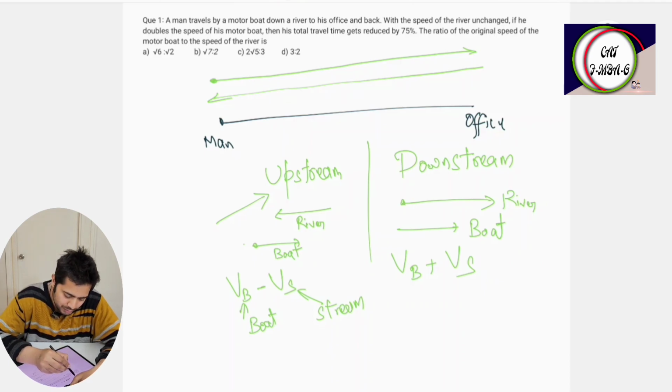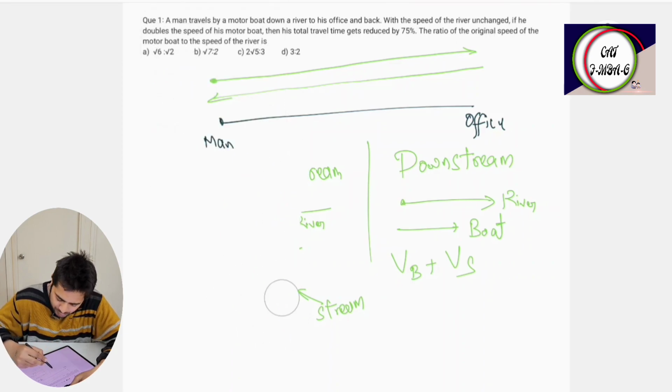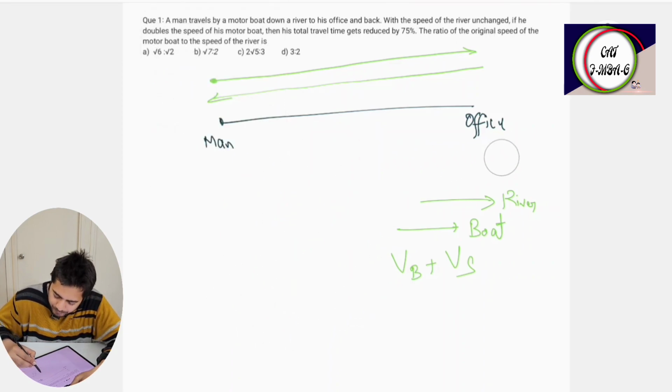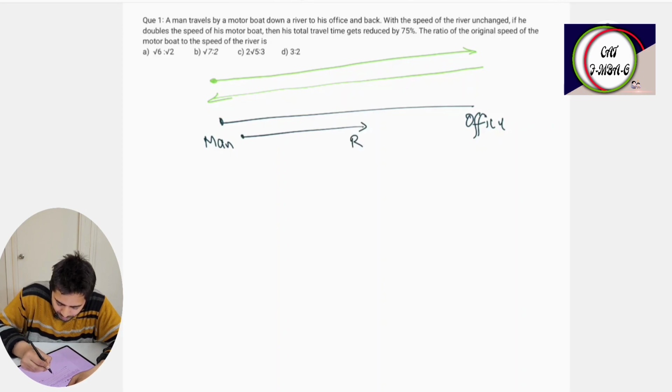So let me clear some things and then we can start. So let us say this is river and this is man. So when he is going from home to office, it is going to be downstream.